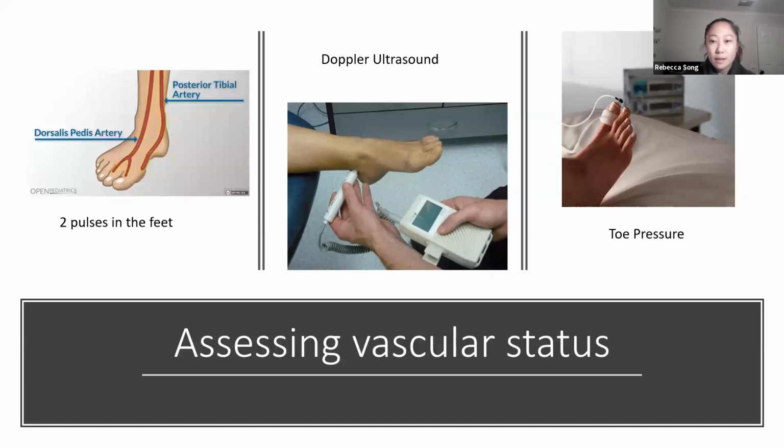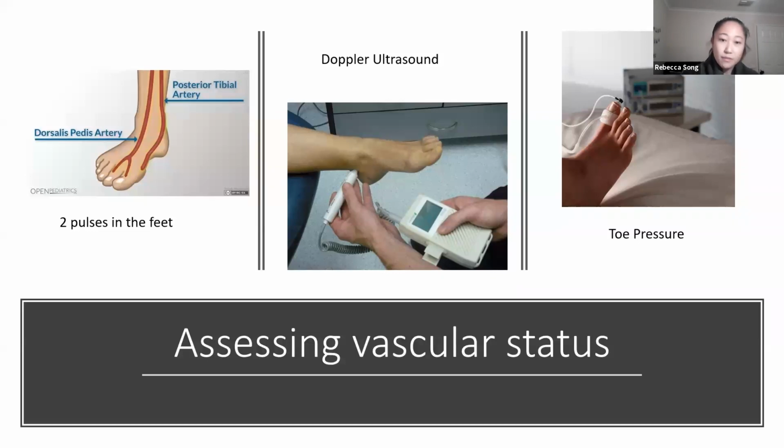Usually you want it to be above 80, and this is millimeters of mercury. Anything below that could mean that the patient doesn't have enough blood supply going down. They might have a blockage. Sometimes it can just be the combination of the medication and the medical history that causes that too.